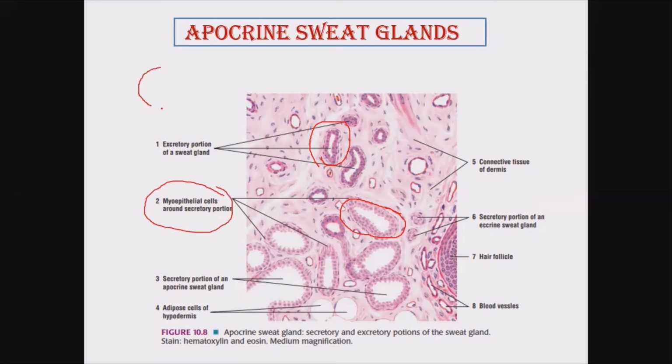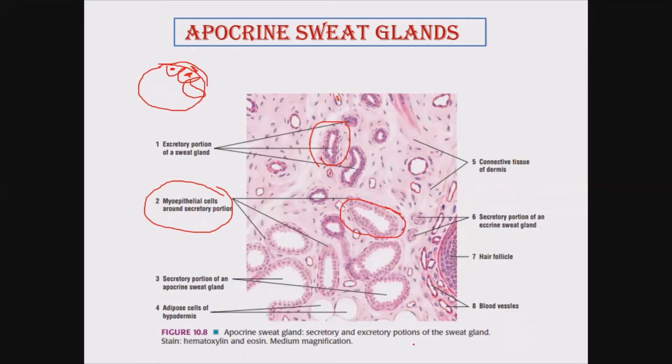So if we have the duct here, the glandular or secretory part will be something like this. The nuclei of these will be running like this, whereas your myoepithelial cell will be present over here, and the nuclei will be in this orientation, flattened.